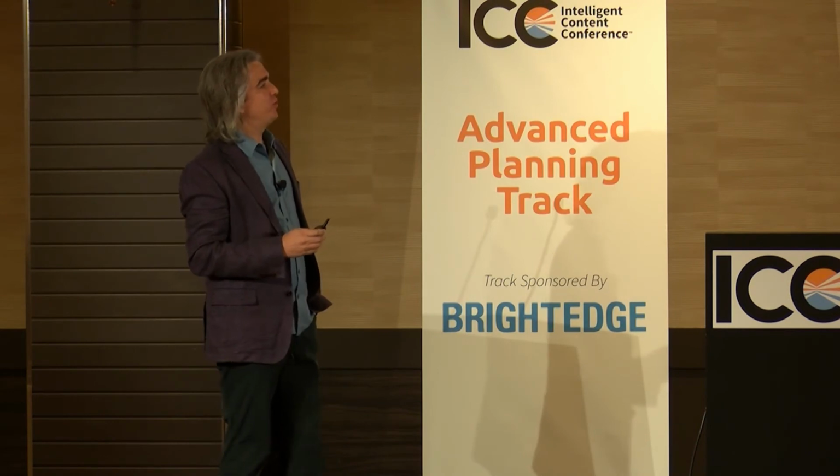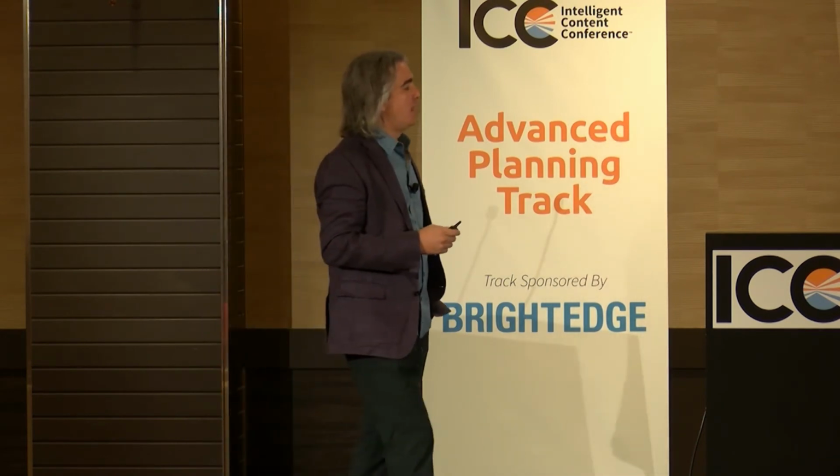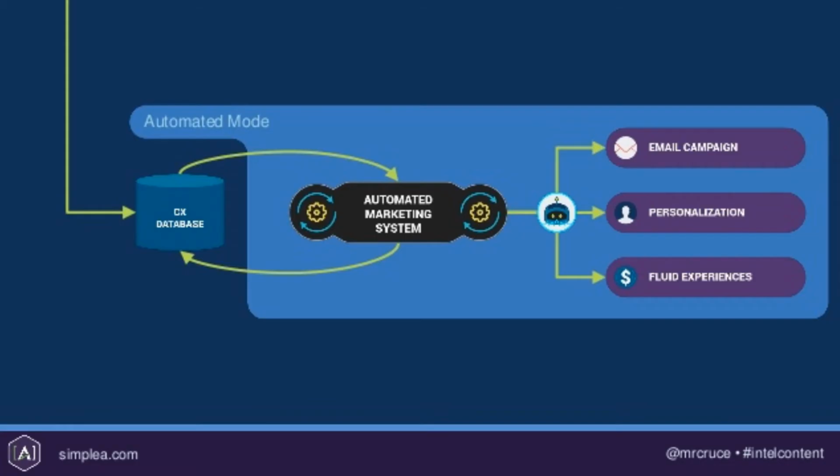So we also pulled our content into this other mode of content, the automated marketing system. This is where we take our content and combine it with customer experience data. So we need to know what our visitors are doing on our websites and our different digital properties, and we want to collect that data in a CX, or customer experience, database.